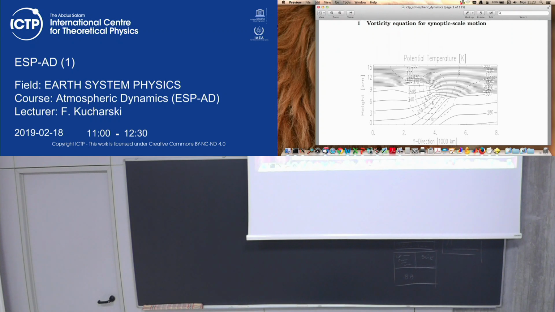It's called a baroclinic model of the atmosphere. Anyway, you can imagine that what is shown here, this 0 could indicate we are at the equator. And this 8, in 1,000 kilometers, 8,000 kilometers to the north, for example, is the North Pole. And this goes from the surface to 15 kilometers height.